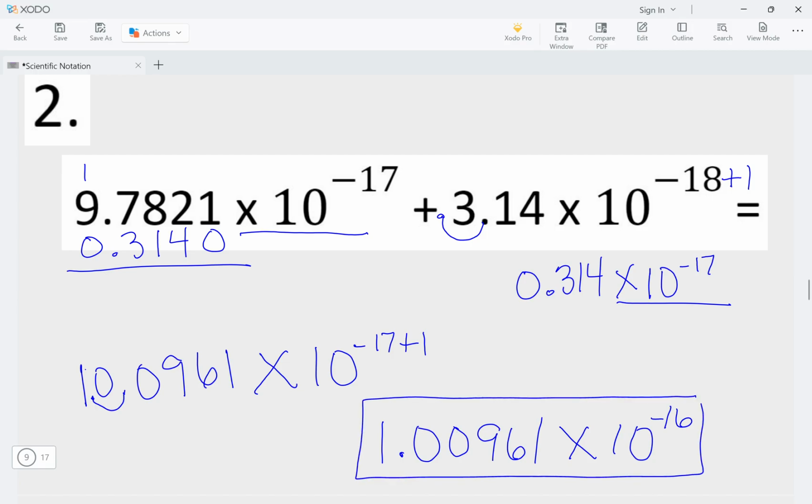And that is going to be the answer. All right, so that's adding. The same thing goes when we are subtracting. So let's look at a couple of those, and then you can check your understanding.